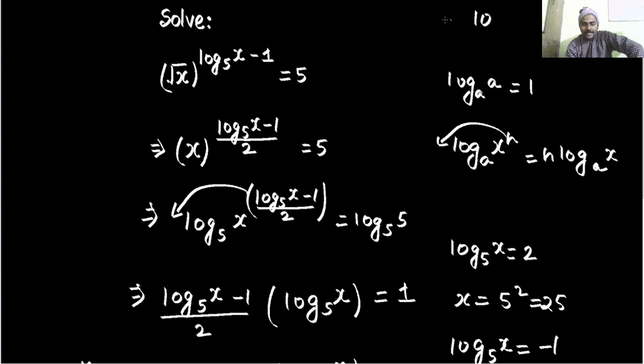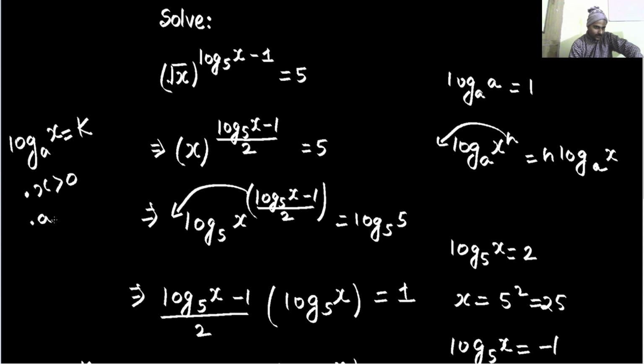Whenever you have an expression of log x to the base a equals k, check whether x is positive, your base is positive, and at the same time it can't be 1. So for 25 it is fine.